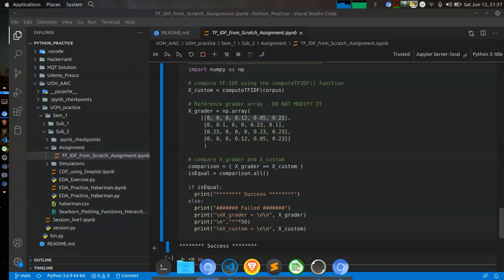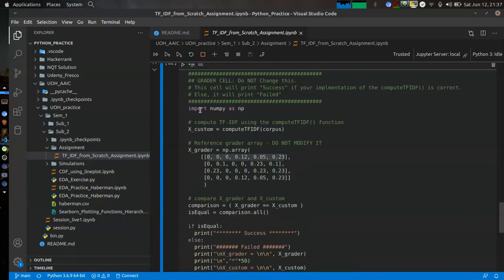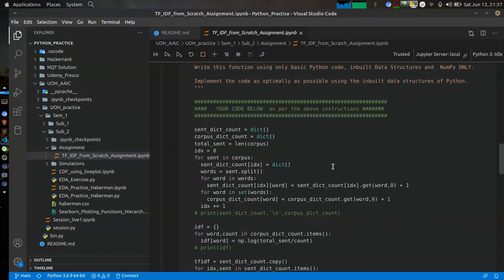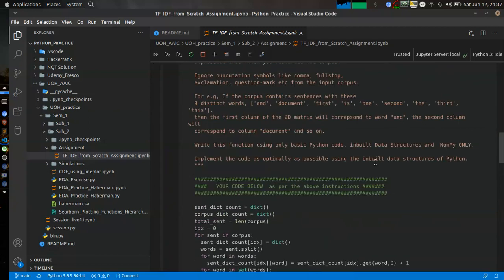We should not import NLTK. Yes, definitely, we should not import NLTK. You can use just NumPy. They have mentioned this directly: we cannot use NLTK, or other libraries like spaCy, or any natural language processing library.